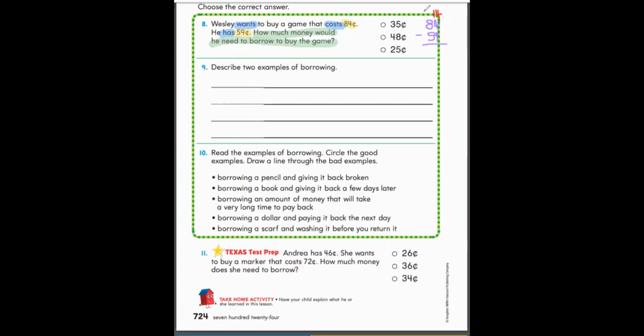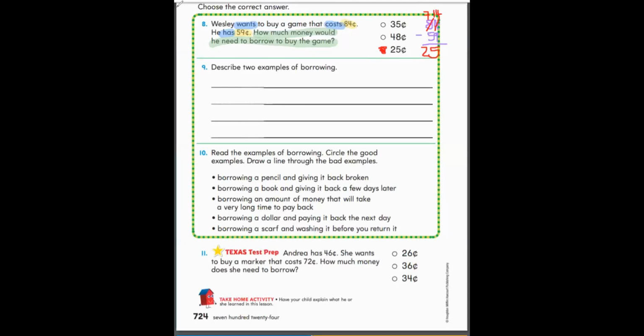And this 8 now is going to be 7. So no more 8, no more 4. 14 minus 9. Put 9 in your head and then put up your fingers. 9, 10, 11, 12, 13, 14. It was 5. And then we have 7 minus 5 is 2. So he needs to borrow 25 cents.